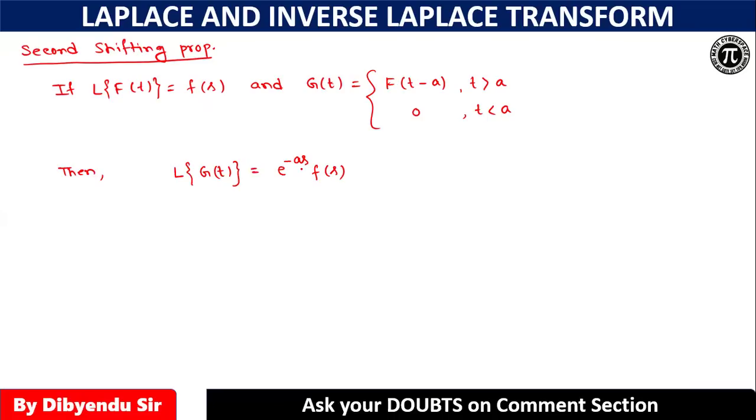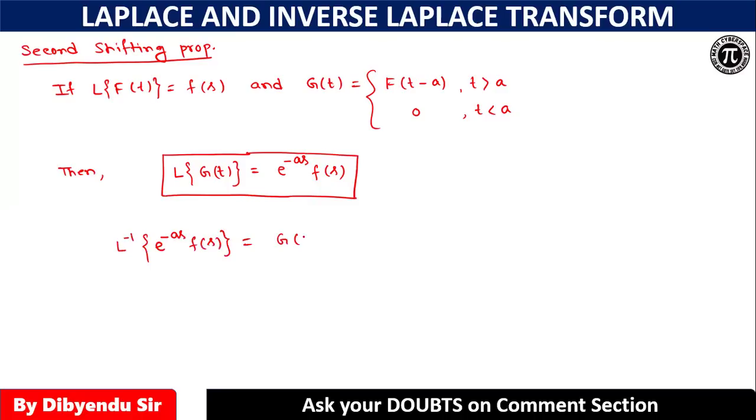Clear? Similarly, what will be the second shifting property for inverse Laplace transform? Okay, this was for Laplace transform. Now let's write the formula for inverse Laplace transform. The formula will be Laplace inverse of e to the power minus as F of s. So obviously this is equal to g of t. Yes or no?